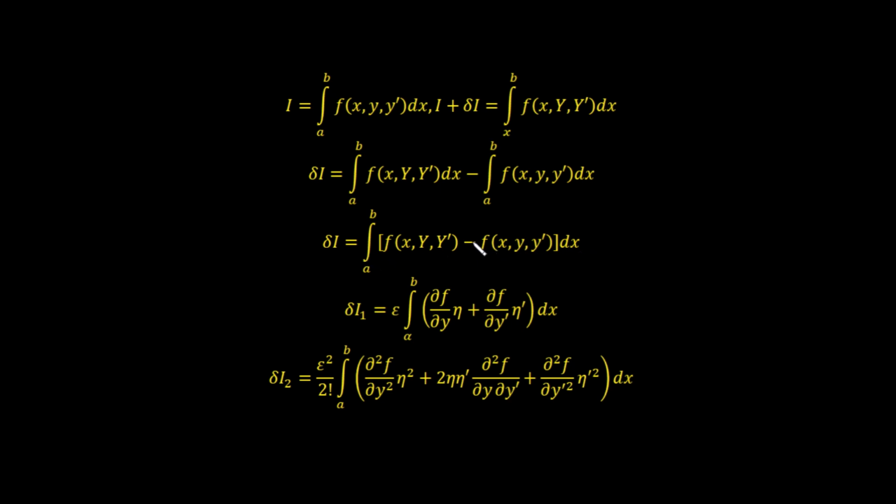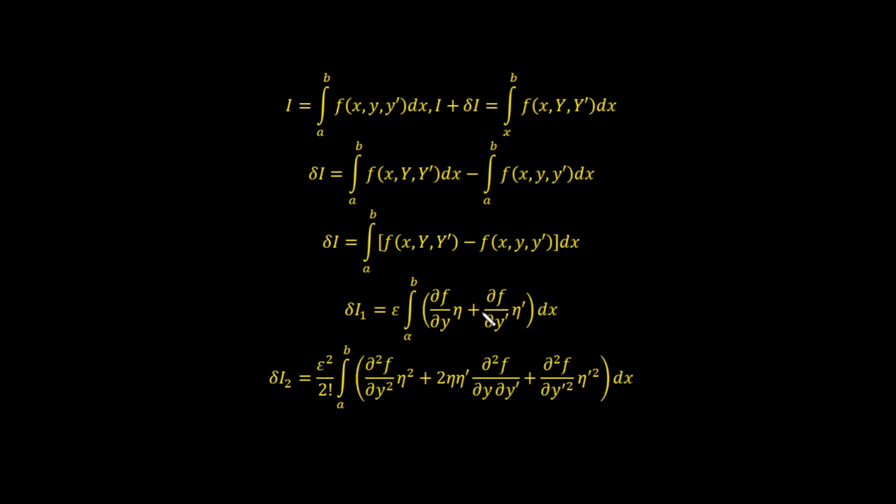And we know that the first part of this, the delta I1, is going to be epsilon times the integral of partial f by partial y times eta plus partial f by partial y derivative times eta derivative. So we got that whenever we looked at deriving the Euler-Lagrange equation, and this was the first part of our variation.